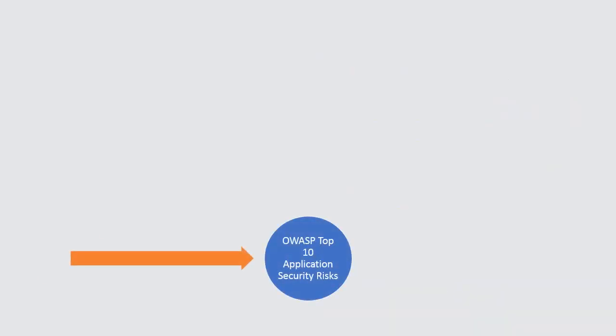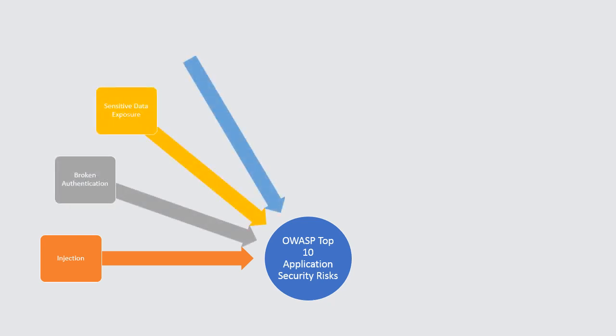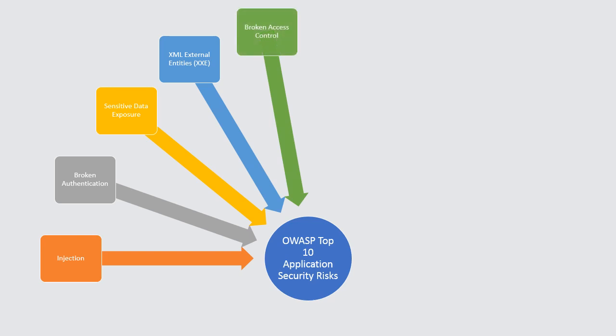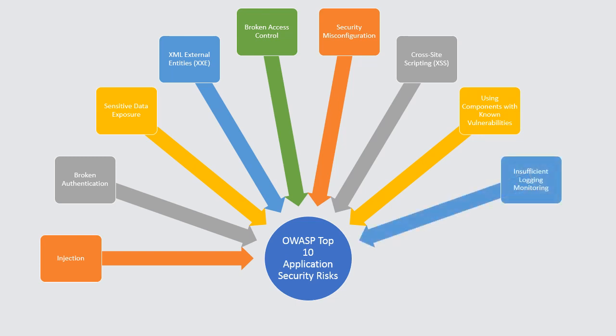OWASP top 10 application security risks are: injection, broken authentication, sensitive data exposure, XML external entities, XXE, broken access control, security misconfiguration, cross-site scripting, using components with known vulnerabilities, insufficient logging and monitoring, and cross-site request forgery.